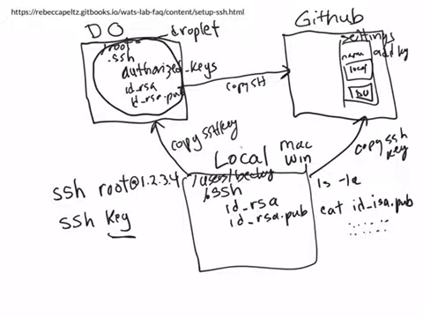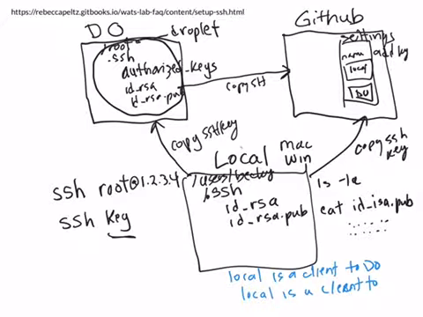And so what's happening here is that local is a client to DigitalOcean. Local is a client to GitHub. And DigitalOcean is a client to GitHub.